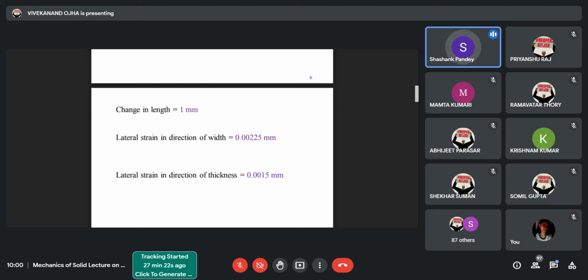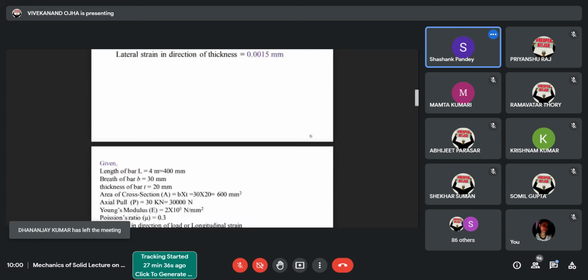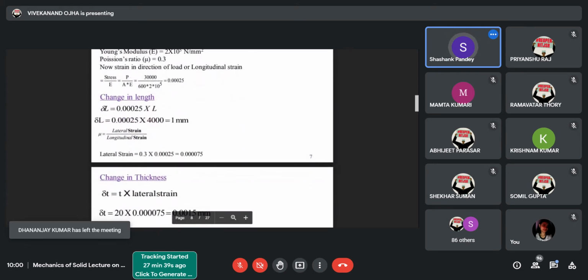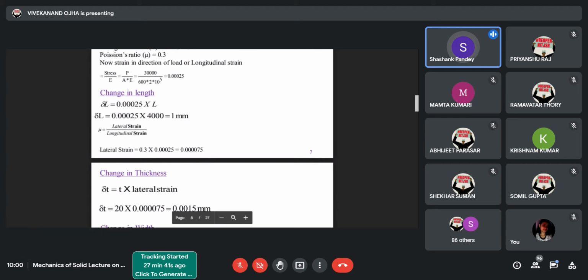So we were asked three things: change in length, change in thickness, and change in breadth. How did we approach the problem? We calculated the change in length by using the simple expression P upon AE. From there we calculated the change in length using the longitudinal strain.